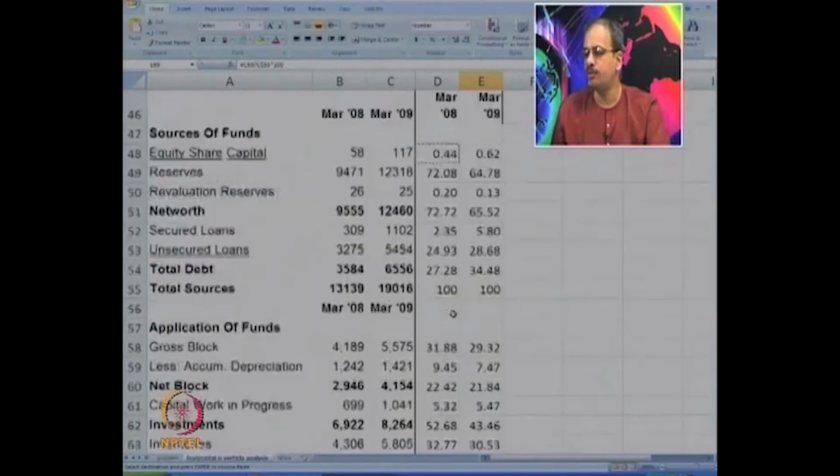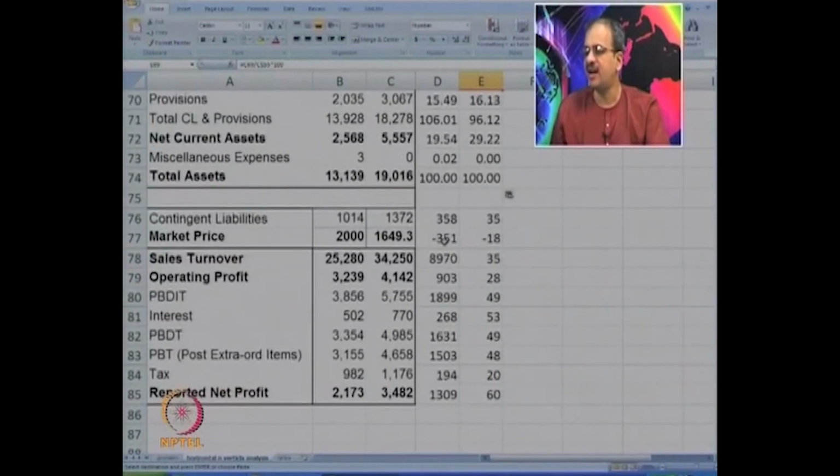Let us go to the P&L account data and try to find the percentage. In case of the P&L account, we try to relate it to the total of sale turnover.